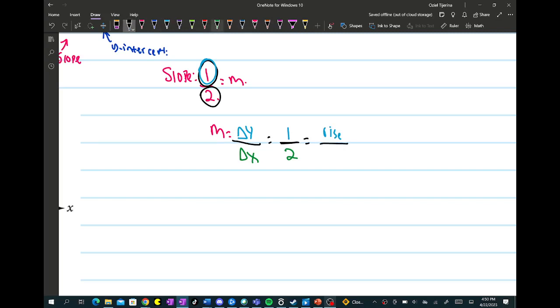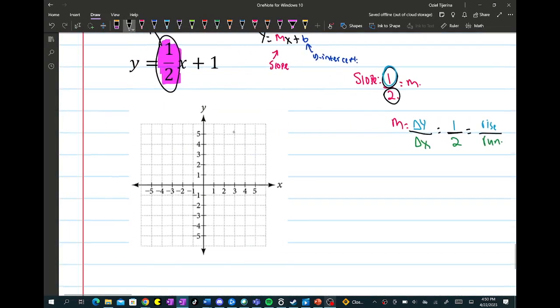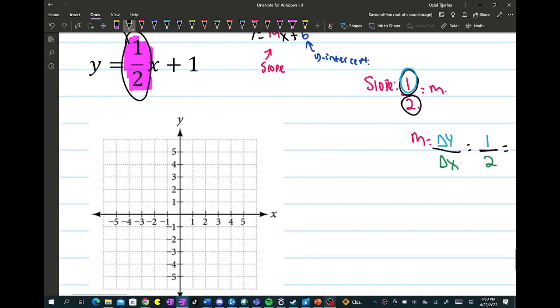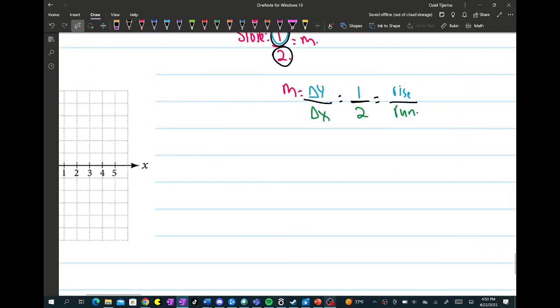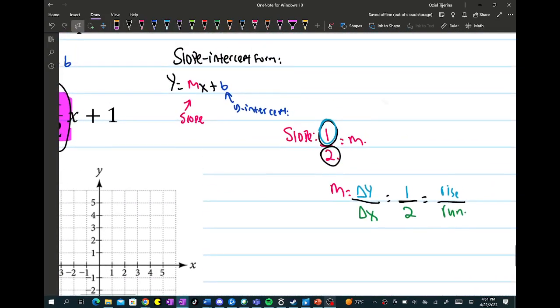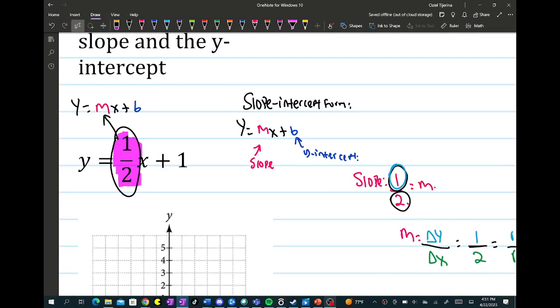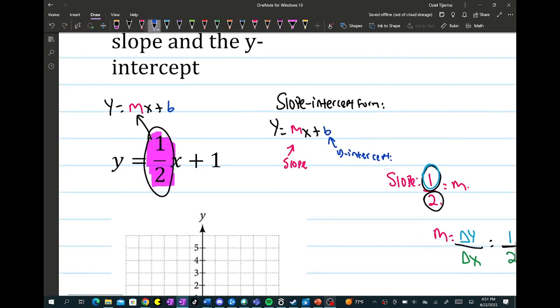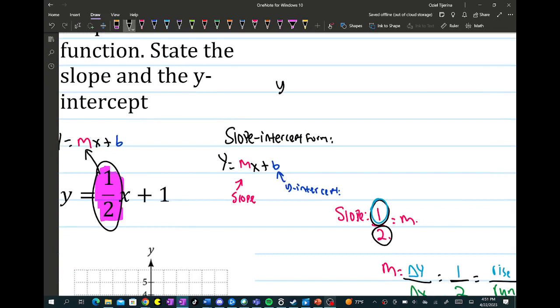And I want to review this because I think it's very important for those that are just looking for some examples. So this is rise over run. And like I said, my y-intercept is a coordinate of the form (0, b), and b is exactly what's over here.